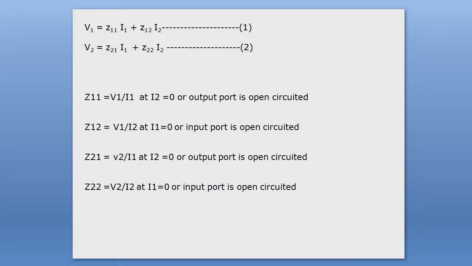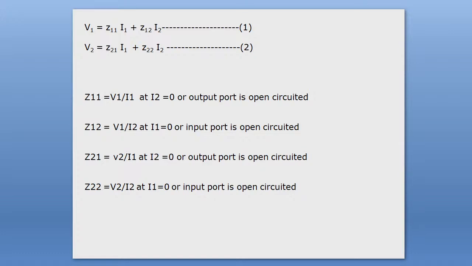Now you see Z12 and Z21: the values of these parameters depend on the input port variable as well as the output port variable. That means these impedances are known as transfer impedances, as there is a transfer between input and output.